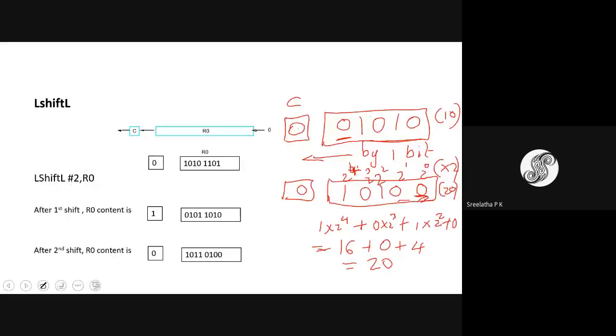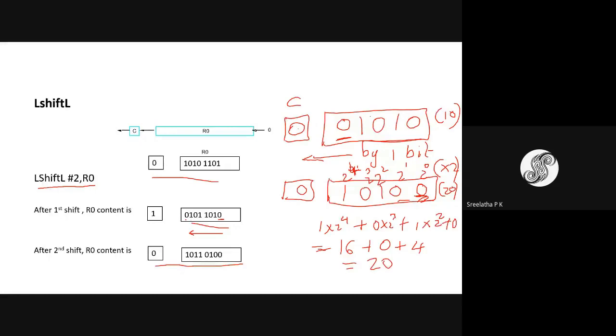Actually the problem will be given like this: left shift, how many times, and R0. From this you can directly write the answer. But sometimes you may get confused, so I have used 2 steps. After the first shift, what is the content of R0? There will be a free bit space created here, that is filled by 0. Again, after the second shift, these contents are shifted again to the left.